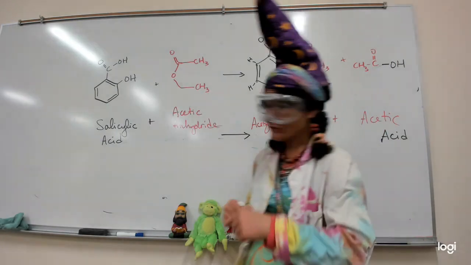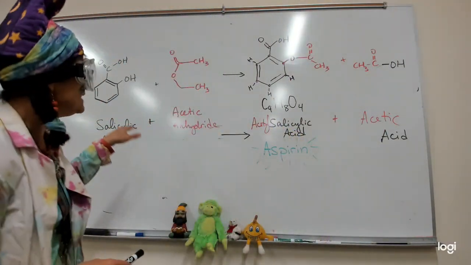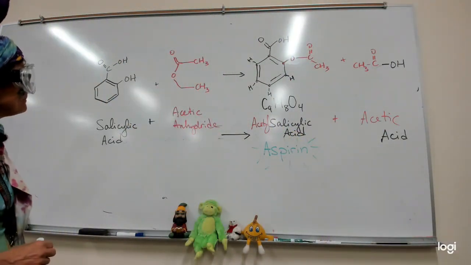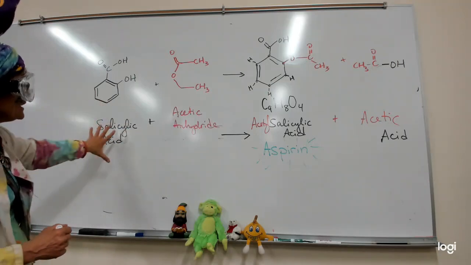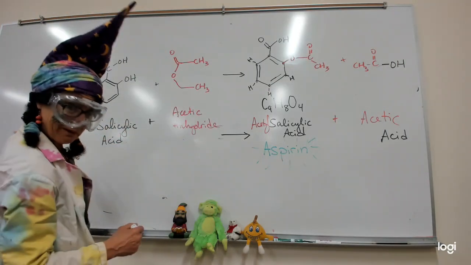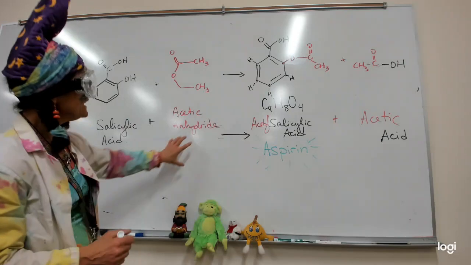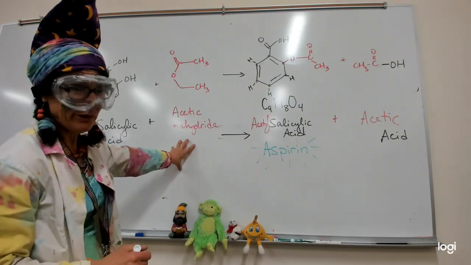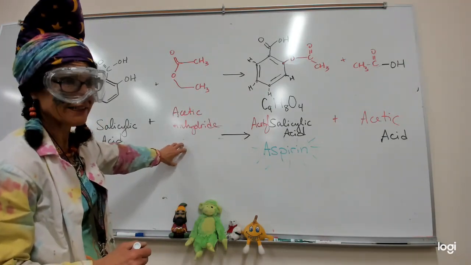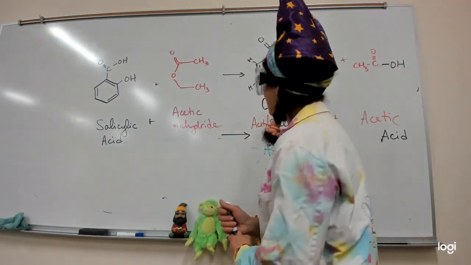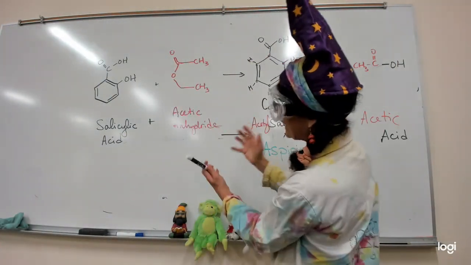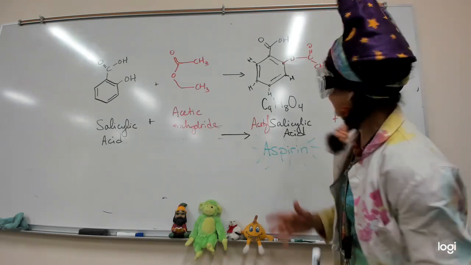So you can do that also for the salicylic acid and the acetic anhydride. So what happened is the salicylic acid, which is what we measured, the solid there, and the acetic anhydride, which means without water, anhydrides are extremely reactive. And so they do a chemical reaction, organic chemistry.